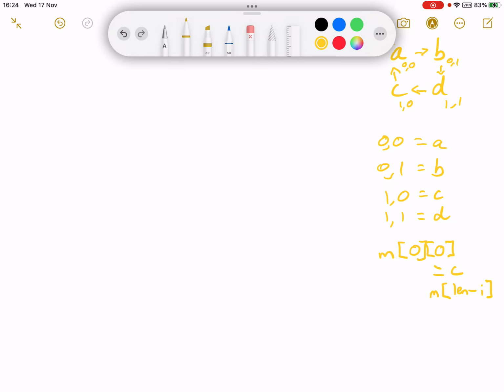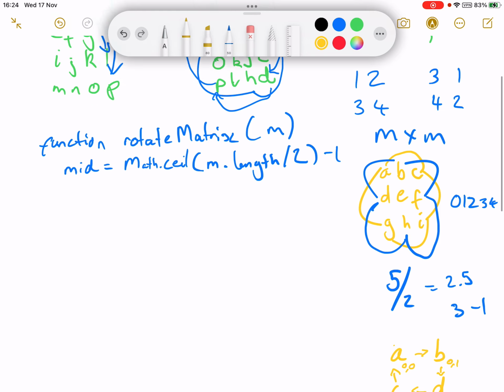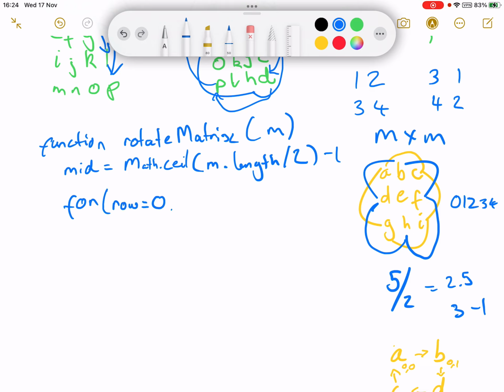So, I'm so bad at explaining, man. Okay, for row is equal to 0. Doesn't matter. Row is less than or equal to mid, and then row plus.